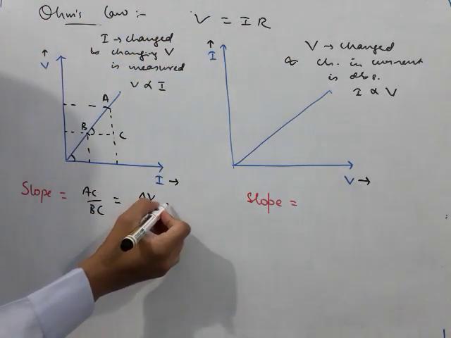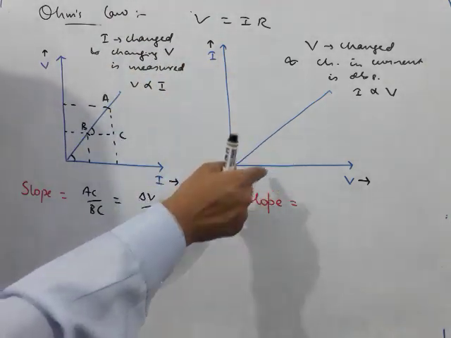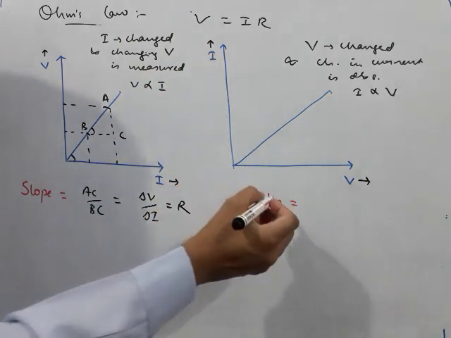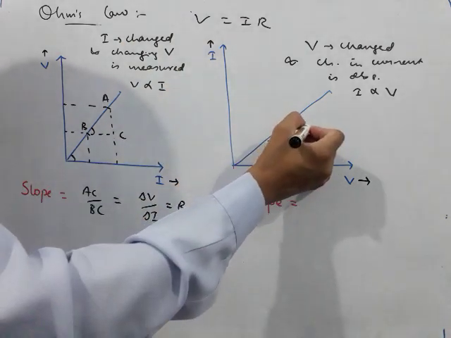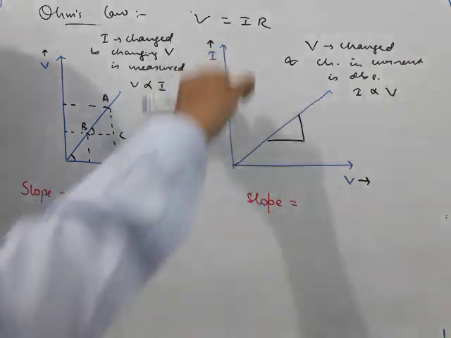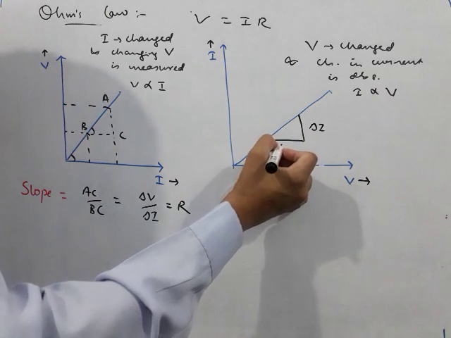V by I will become equal to R. So if this graph is given, then its slope will give you R. But if such a graph is given where V is along the base axis and I depends upon V, then the slope will give you what? Slope will give you perpendicular by base. What is perpendicular? Perpendicular is this, that is I, and base is this, that is V.